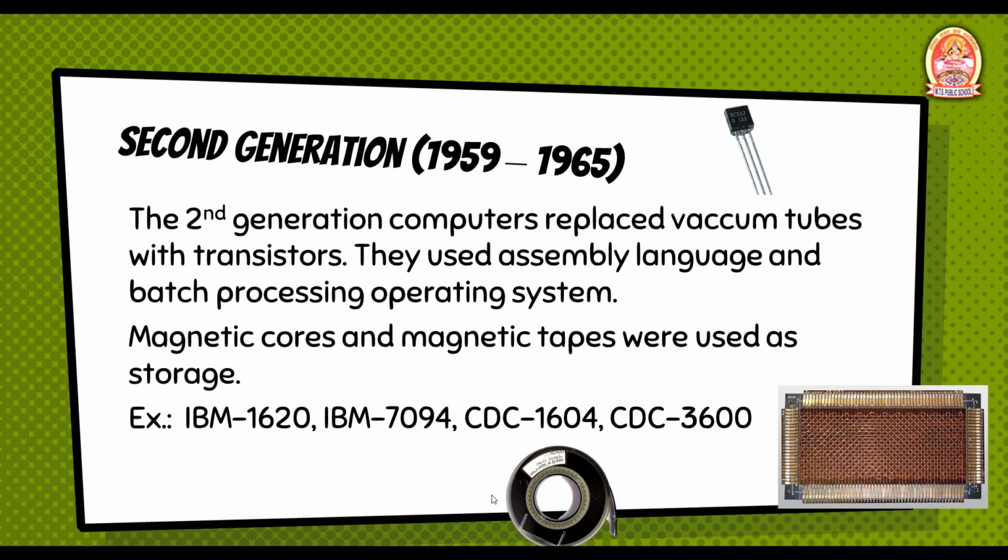You might remember audio cassettes or video footage or movies which cinema hall used to play. IBM 1620, IBM 1794, etc. are some of the names of second generation computers.